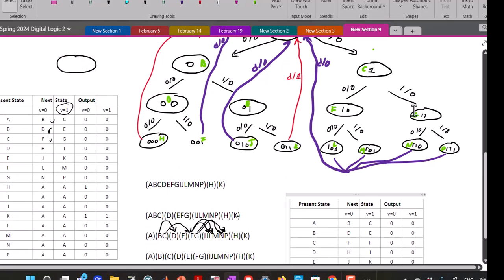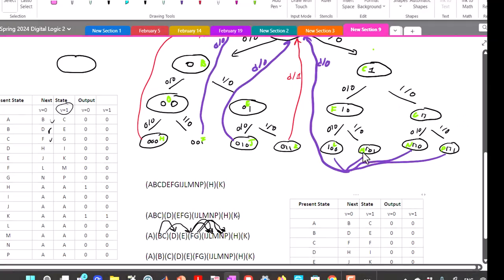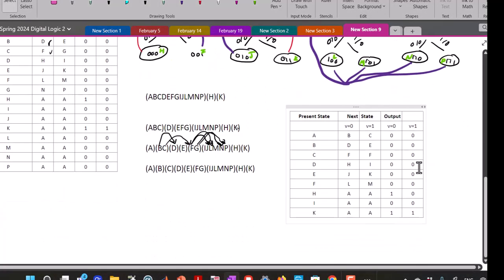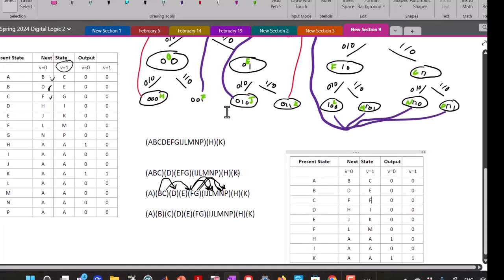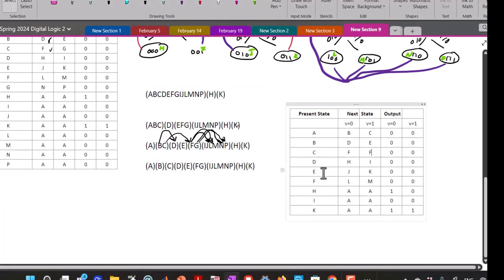So we would expect that F and G would be the same, and we would expect that L, M, N, P would be the same, as they are all. But L, M, N, P is not only the same as each other, but they're also the same as I and J, because I and J both always go to A and always have output of 0, 0.